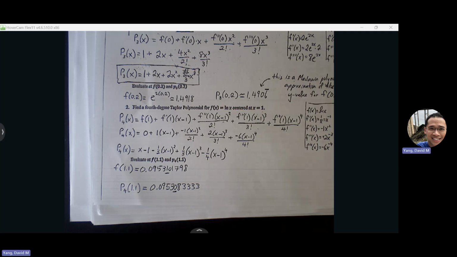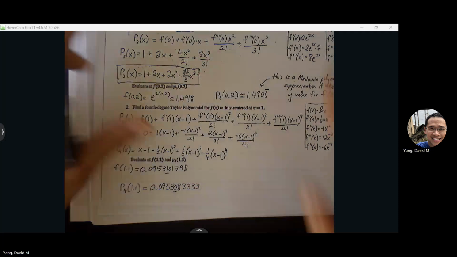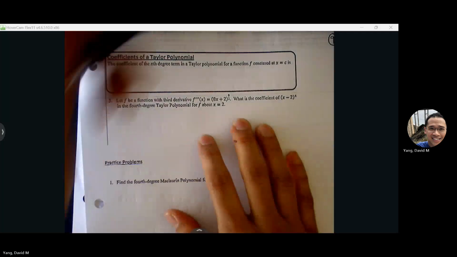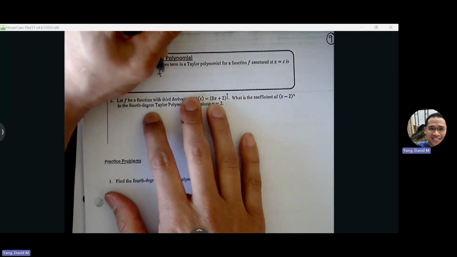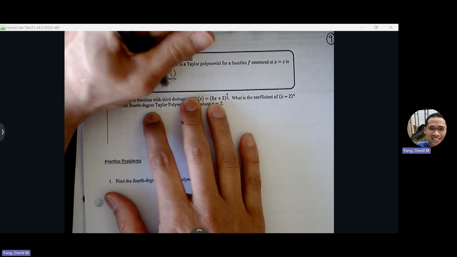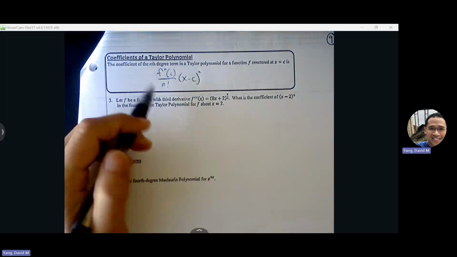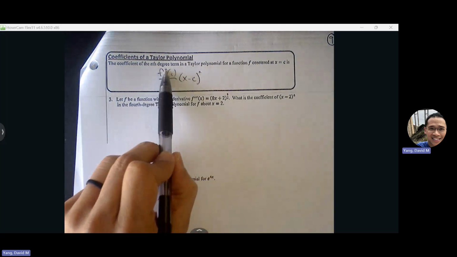All right, let me just do one more here, page 9. So when we have the Taylor polynomial, it's going to take on this form of nth derivative evaluated at c over n factorial times x minus c to the n, right? If we're talking about the fourth degree, then my n is 4.